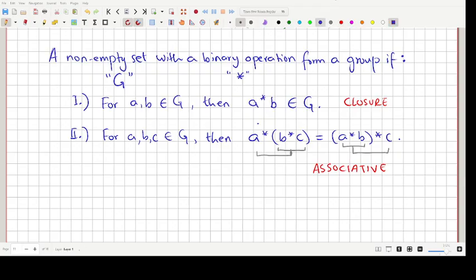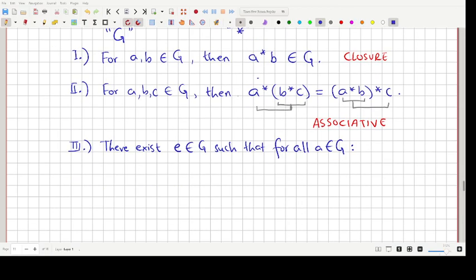All right, let's look at what the third property is. There exists an element e belonging to G such that for all elements a belonging to G, the following holds true: a star e is equal to a, which is equal to e star a. This a here can be any element.